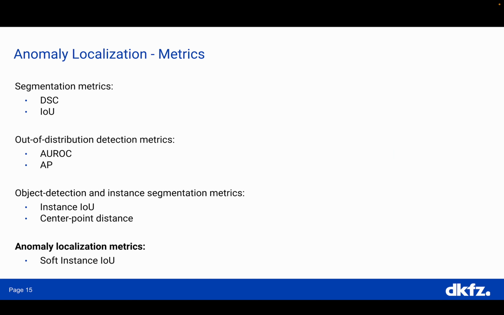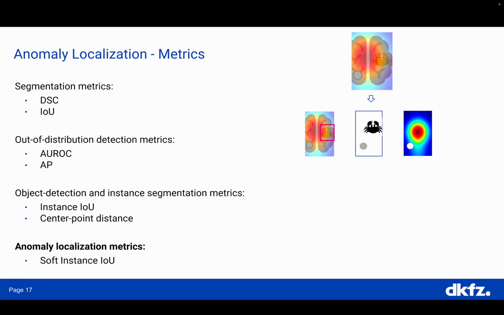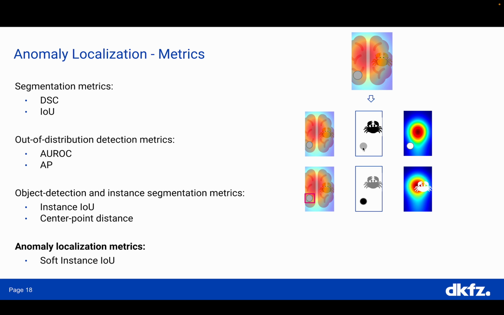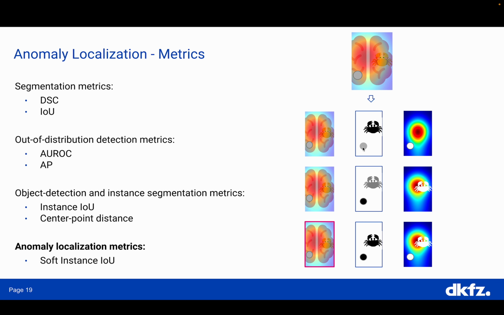And lastly, here we use a soft version of the IoU to incorporate the heat map, inspired by the soft Dice, and try to use that as in normal detection metrics, where for one image, for each object, we calculate the soft IoU between the correct object and the prediction, ignoring all the other objects. You do that for all objects, and lastly for the background, which should be 0 everywhere.